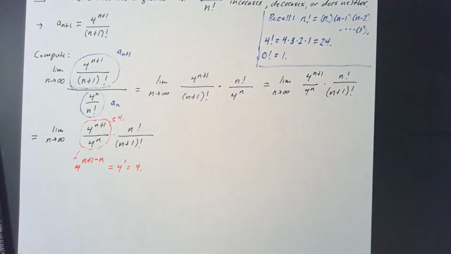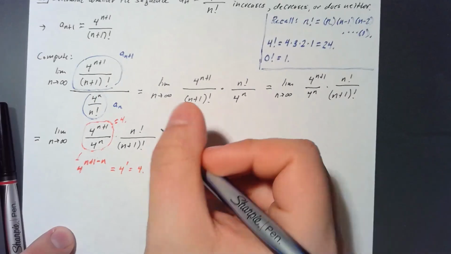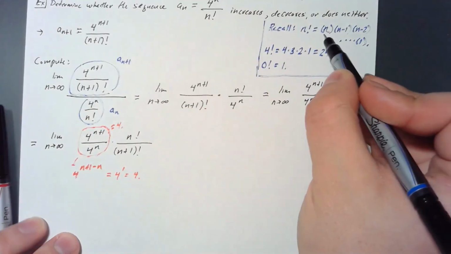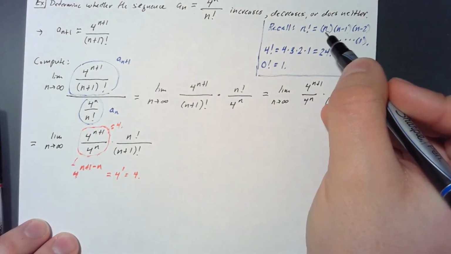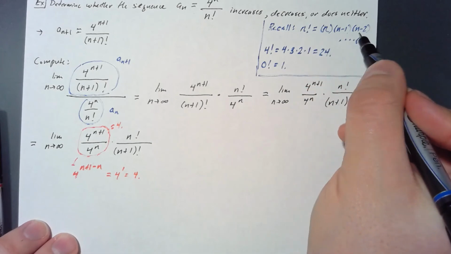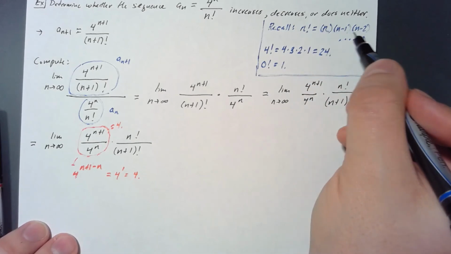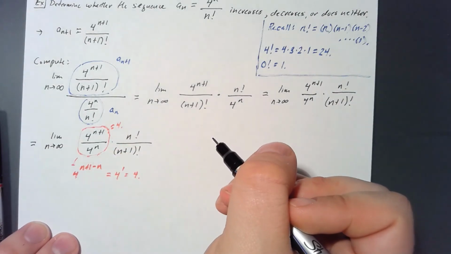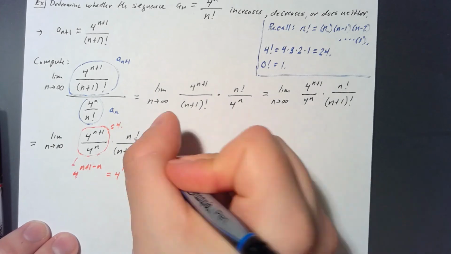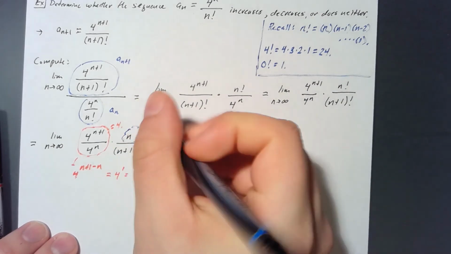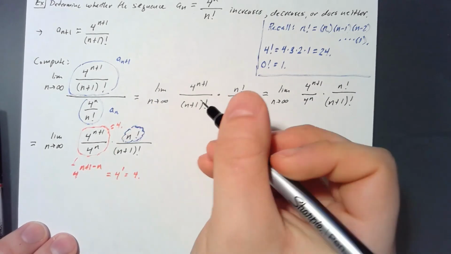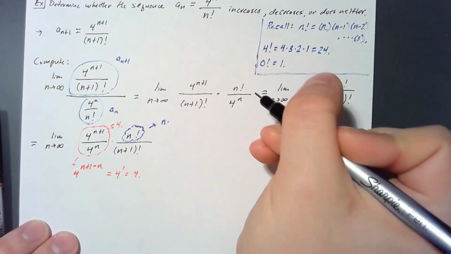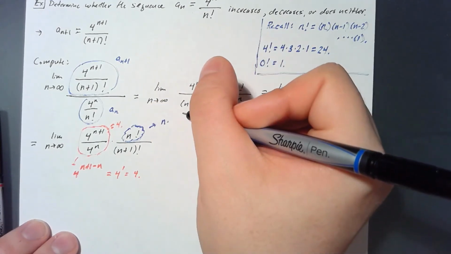Now, the factorial part looks a little trickier. But if you use the definition of factorial, it's really not that bad. So instead of just writing this, I'm going to write it out as the definition of factorial. If I write out the terms of n factorial, I start at n, times, what's the next term I could write? n minus 1.